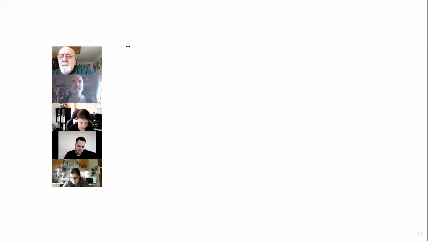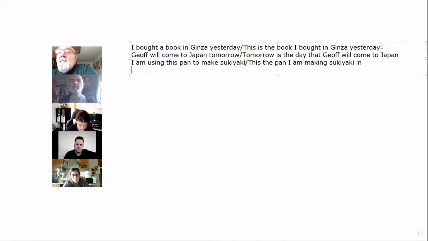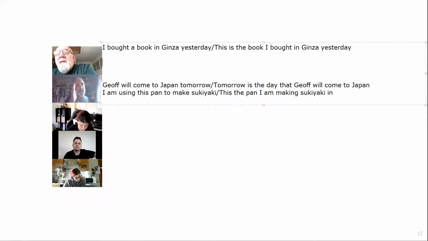So let's have a quick play with a couple of little exercises. Let's look at the first one first. It's really a way of moving the focus of the topic or the subject away from one thing onto the other. So, for example, in this first sentence here, I bought a book in Ginza yesterday.